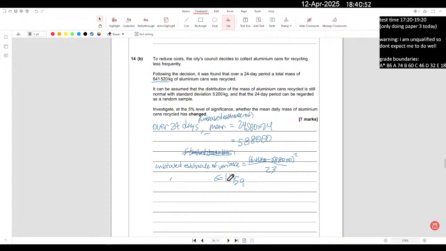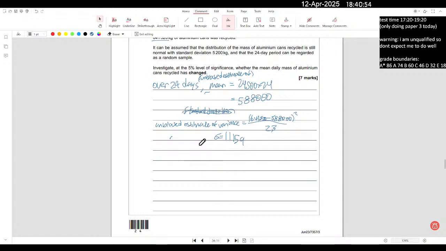Oh, I'm definitely getting this wrong, but maybe I could get some method marks or something. Maybe I made a mistake. Let me just try putting it in again.